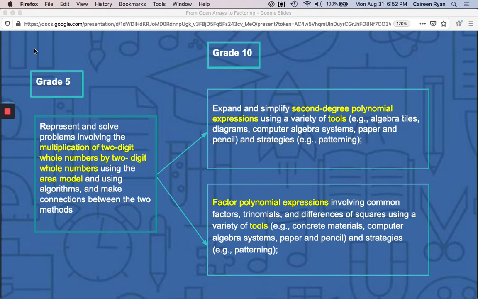And then also what we can do is we can connect to manipulatives or visual models. And what we're going to look at today is the virtual manipulative that Matthews has. It's a virtual algebra tile manipulative. And just take a look at how that area model translates into what students will see if they're working with algebra tiles on quadratic trinomials.